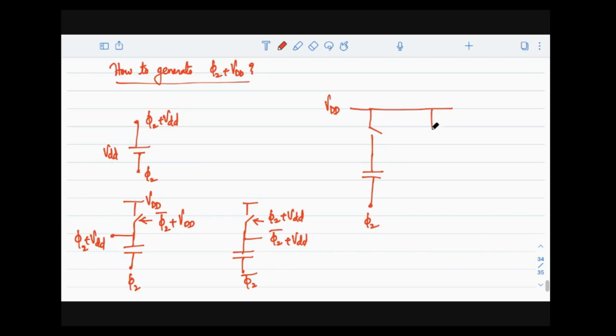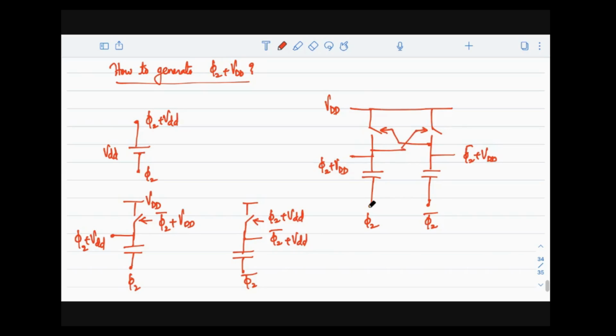Similarly, I have another switch here, another capacitor here, and on this side I have phi 2 bar. Now, the voltage I need here in order to control this switch is phi 2 plus VDD, but the voltage I need here is phi 2 bar plus VDD to control. That means the control will actually come from this. In this way, you can connect.